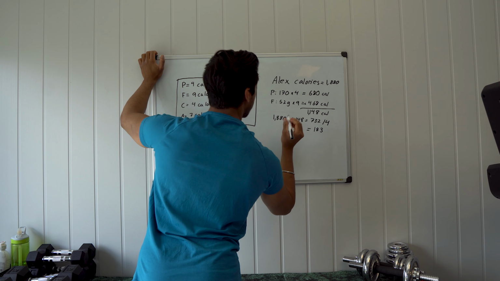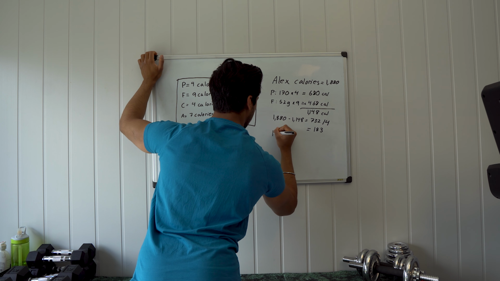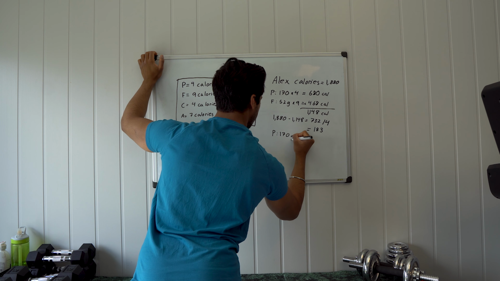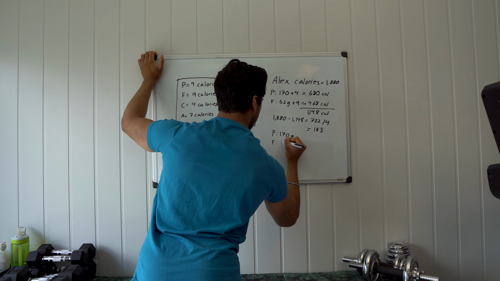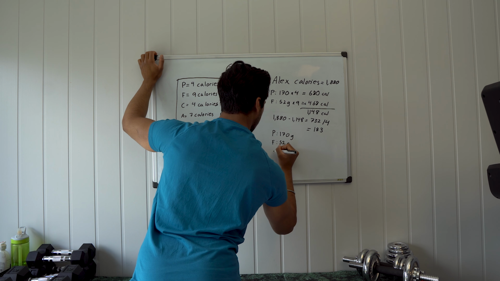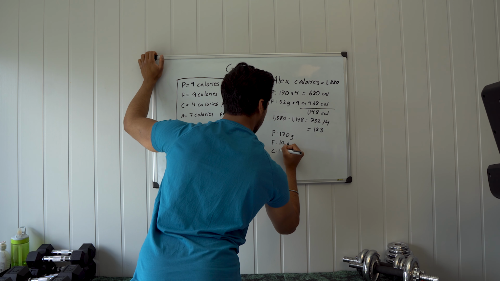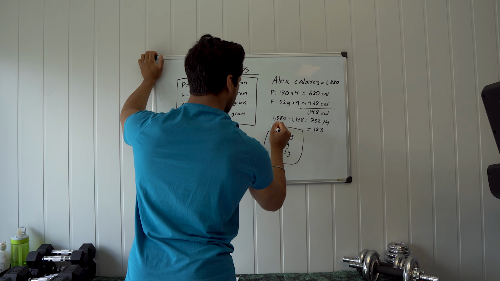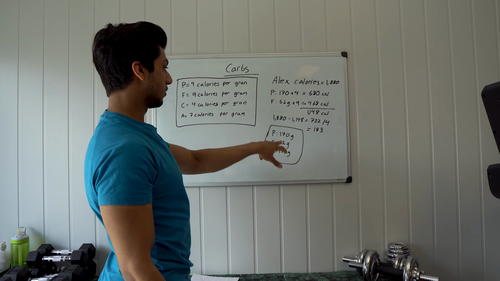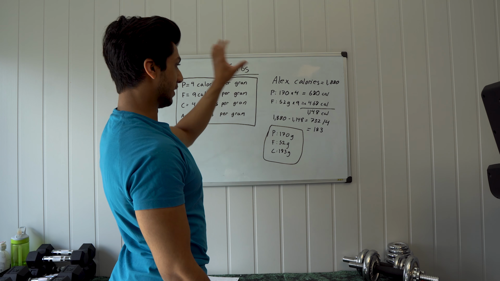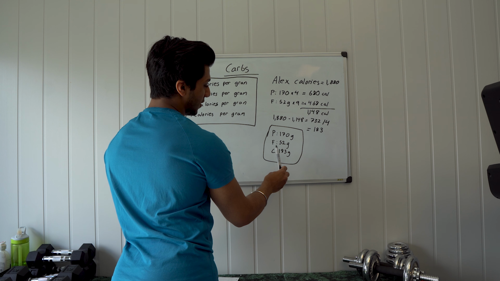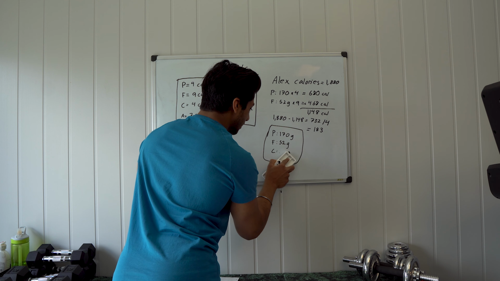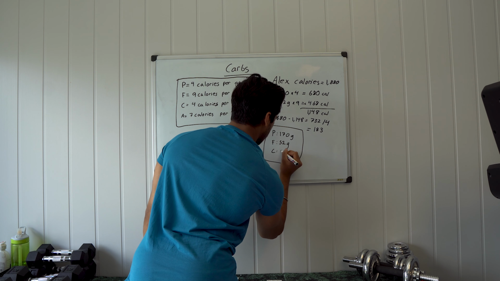So his macros look like this: protein 170 grams, fats 52 grams, and carbs 180 grams. These are Alex's macros for his shred, but I think the carbs are a bit low. Maybe I'm going to start with 200.